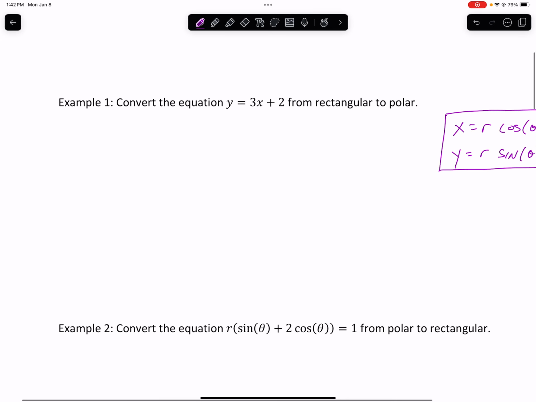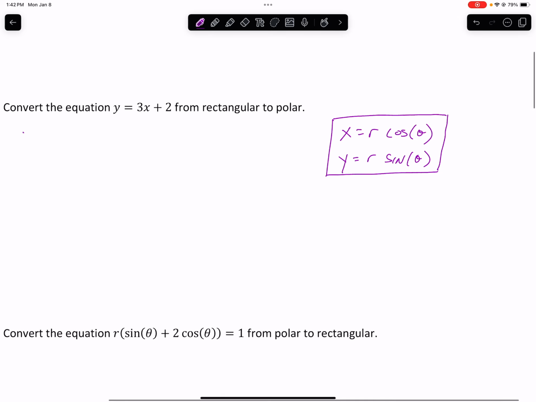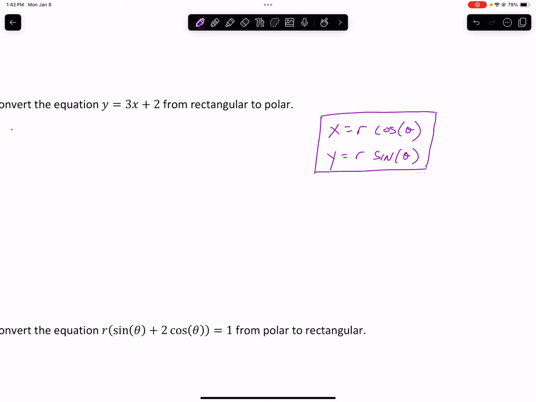So this says convert this equation from rectangular to polar. Instead of y, I can substitute what y is equal to. So y is equal to r sine theta, so right here I'm going to put in r sine theta.